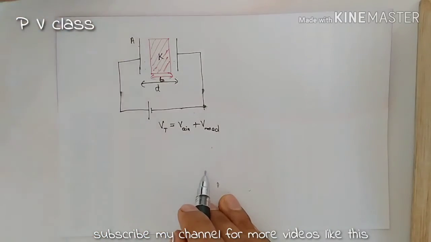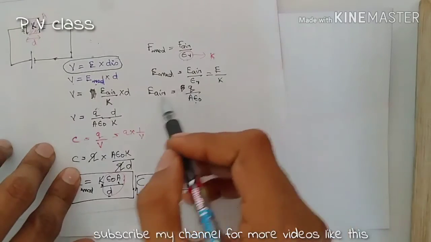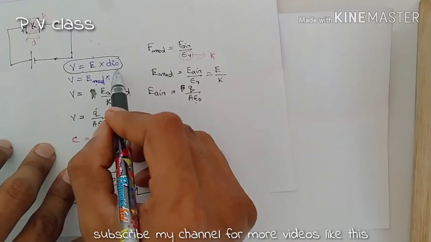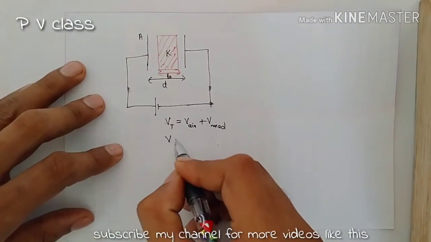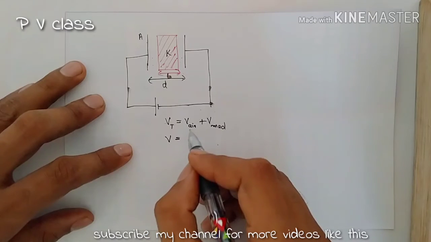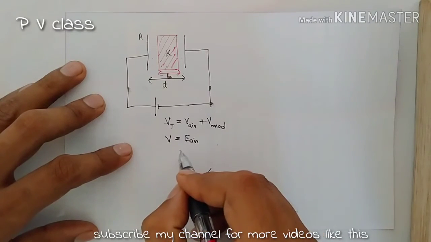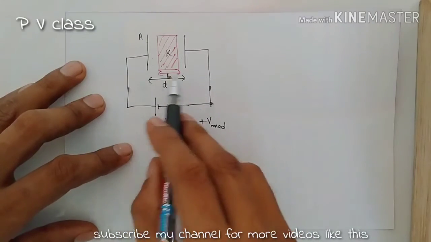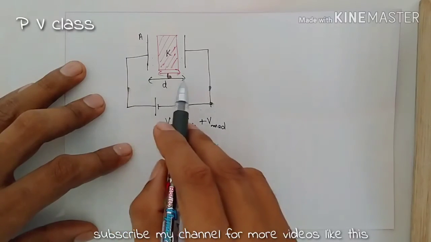Then, as we know, potential is equal to electric field intensity into distance of separation. We could write total potential V as the potential in air, which is electric field intensity in air into the distance where air is there between the plates of the capacitor. Is it the distance D completely with air?